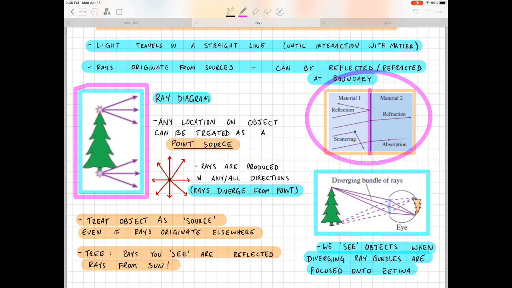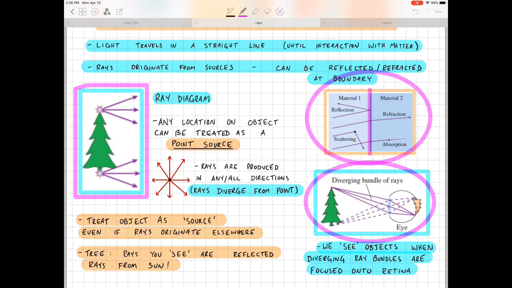So we're going to be moving into next chapter talking about how those diverging rays, right, those rays that are spreading apart, how things like your eyeball, the lens in your eye, can alter the path of those diverging rays, and those rays can be brought into focus.